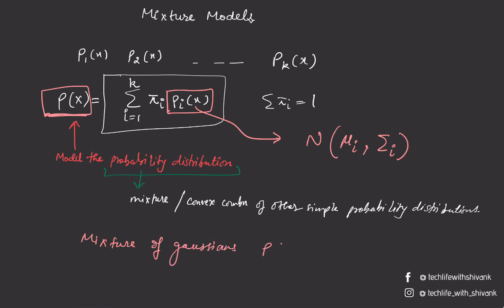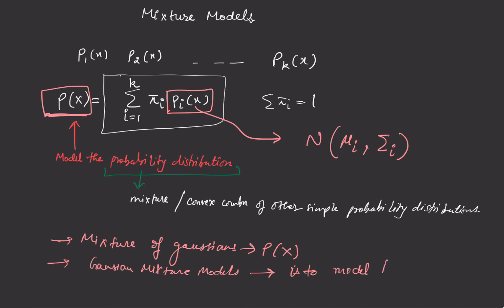So our p(x) here would be a mixture of Gaussians, and the aim of the Gaussian mixture model is to model the mixture of Gaussians, that is, model p(x) such that p(x) is a convex combination of a particular number of Gaussian probability distributions.